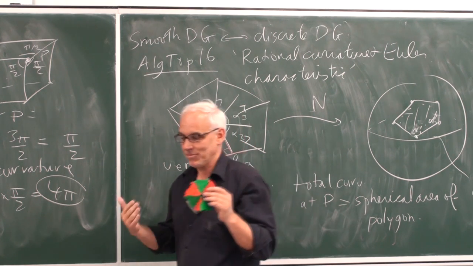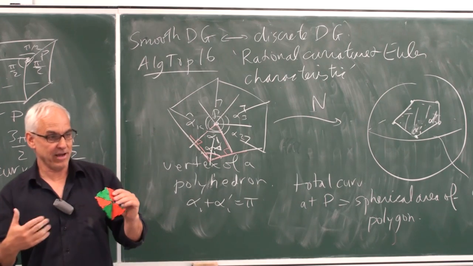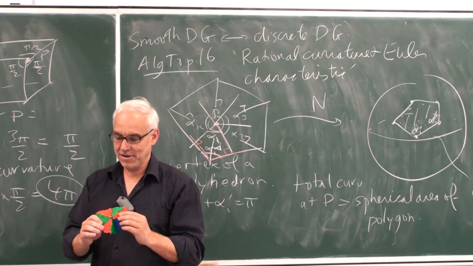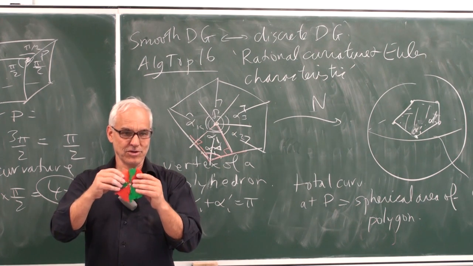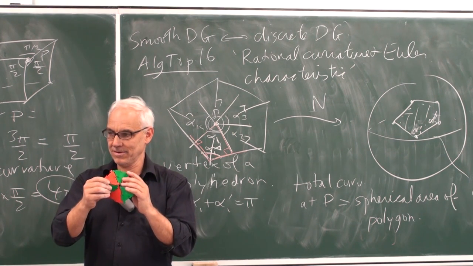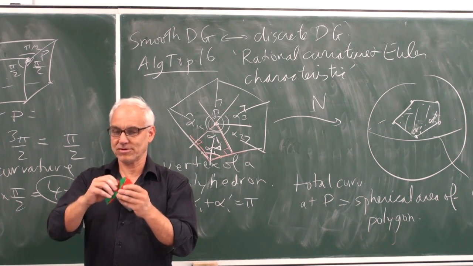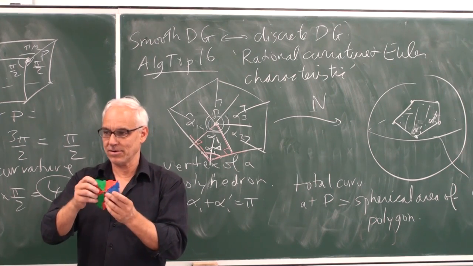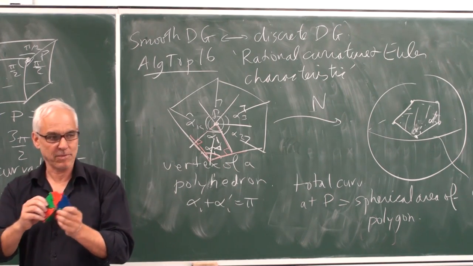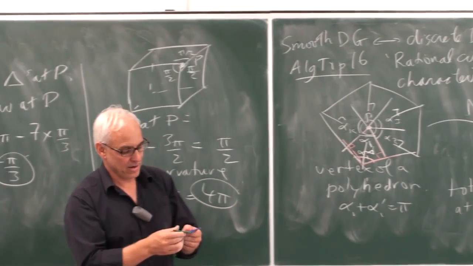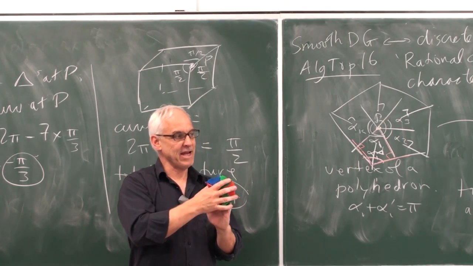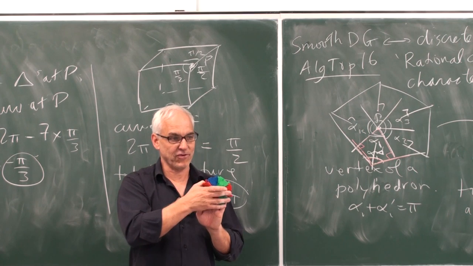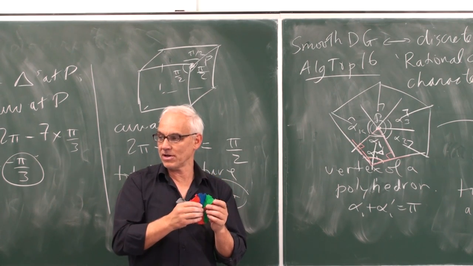That's what Gauss's theorema egregium says, that when you bend a surface, when you distort it, without tearing it or ripping it or something like that, then if you maintain the geometry of the surface, the curvature doesn't change.